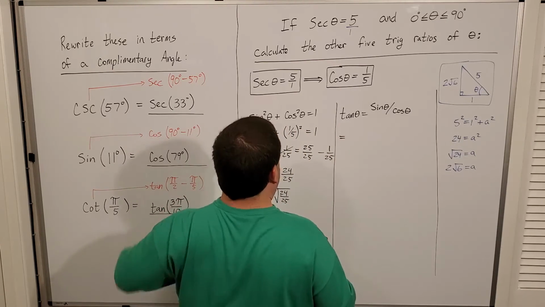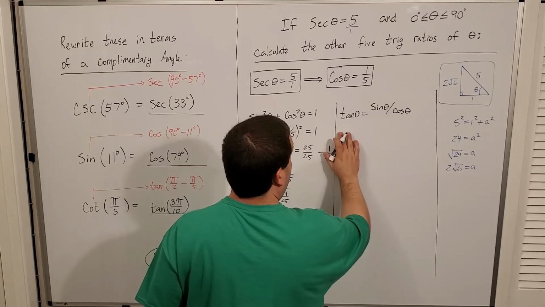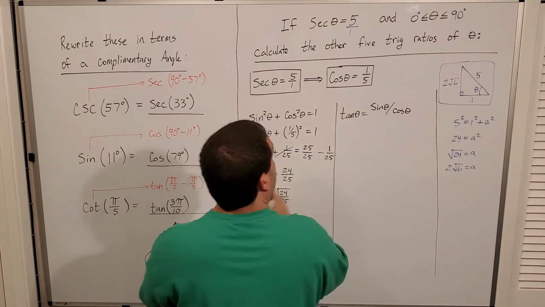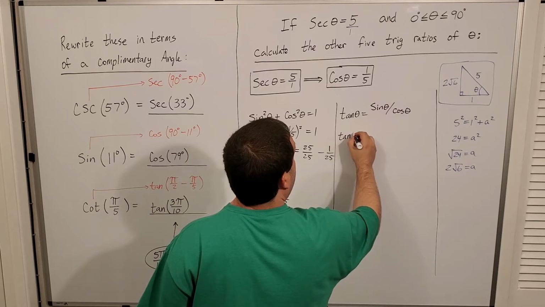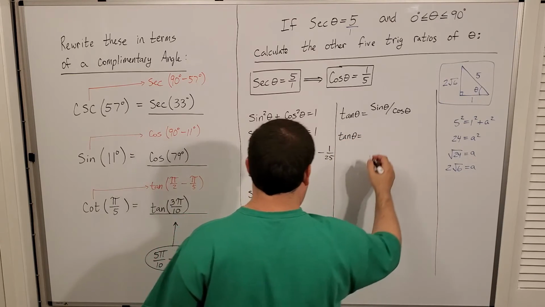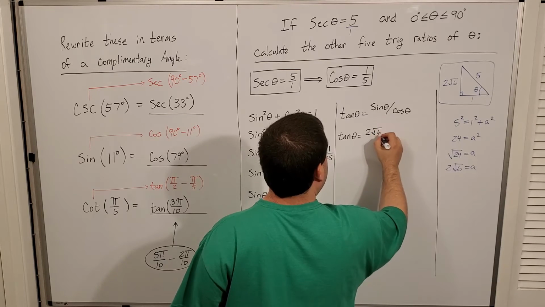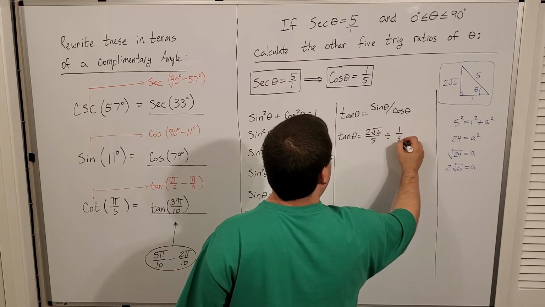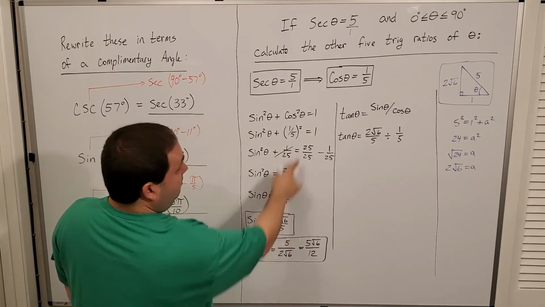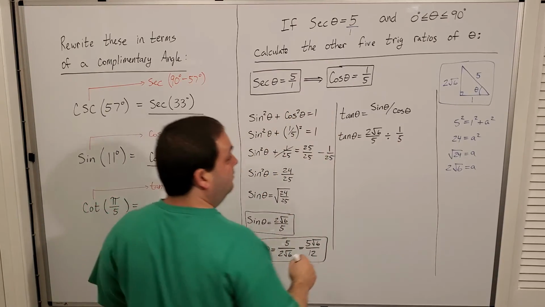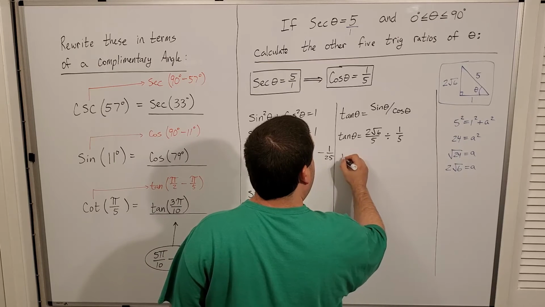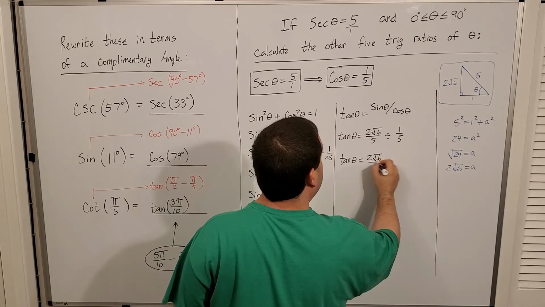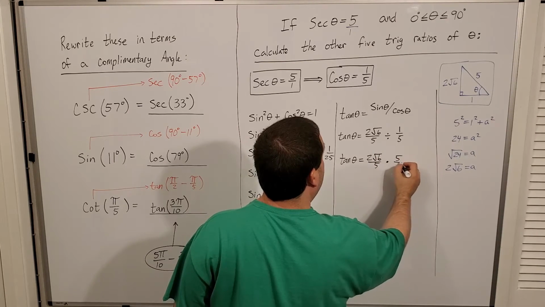That means that tangent theta is going to be equal to 2 square root of 6 over 5 divided by 1 over 5, because that's sine divided by cosine. So tangent theta is equal to 2 square root of 6 over 5 times 5 over 1.